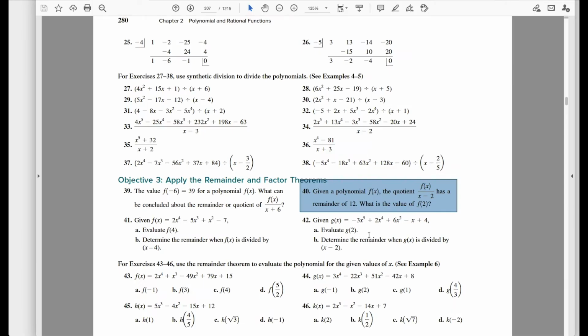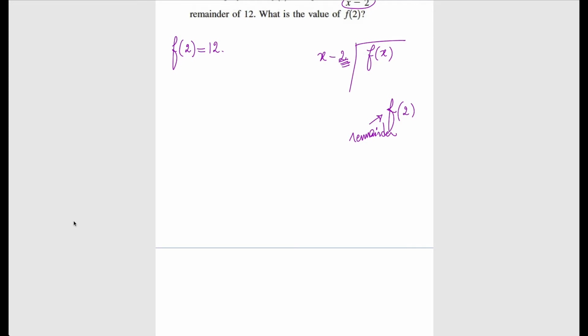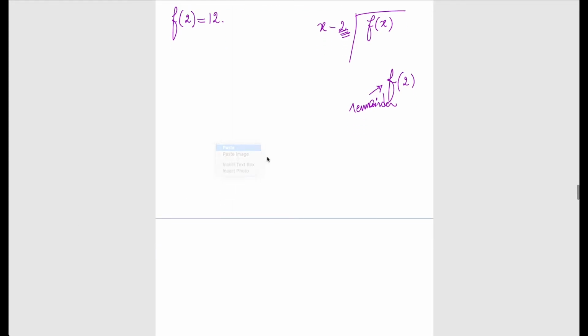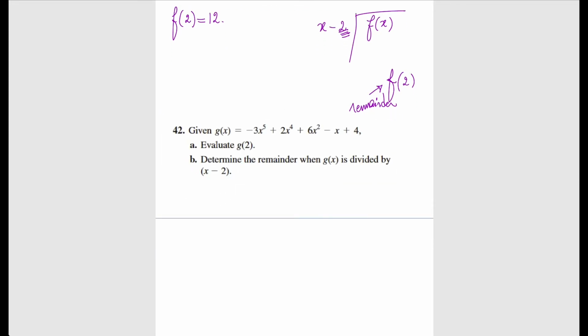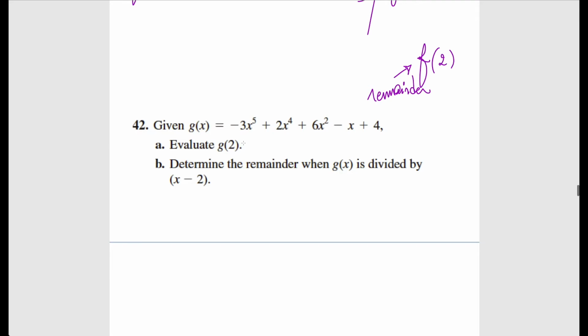Alright, let's do another one. How about 42 now? Alright, so in 42, what do we have? We have a polynomial, g of x, and we need to evaluate that polynomial g at 2, right? So in part A, we need to find g of 2. Alright, so instead of x, I'm going to have a 2. So minus 3 times, every time I see x, I'm going to replace by 2.